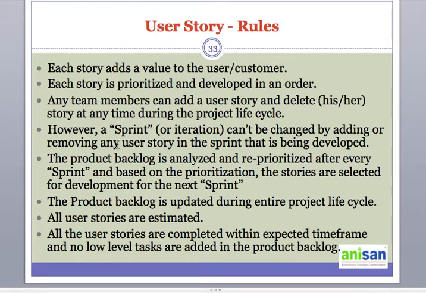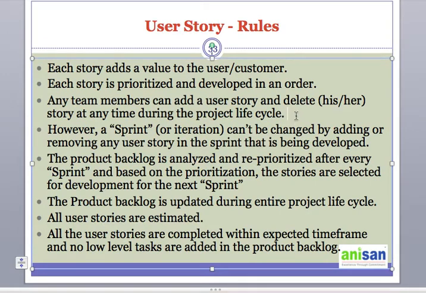Now here are the rules. Each story adds a value to the user or customer. Each story is prioritized and developed in an order. Any team member can add or delete a user story at any time during the project life cycle if it is not picked up in the sprint.